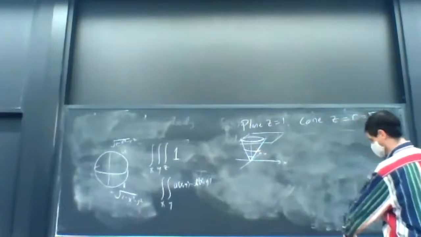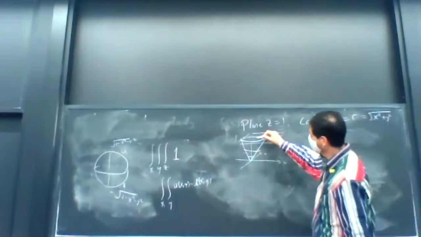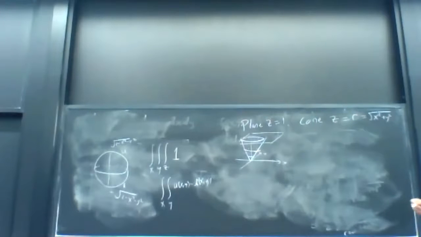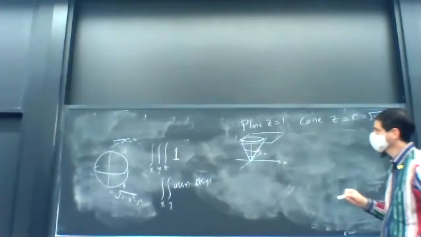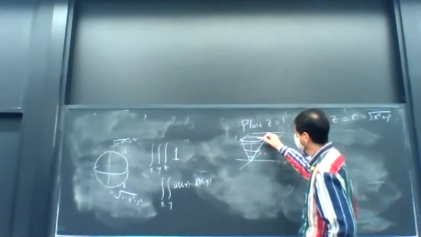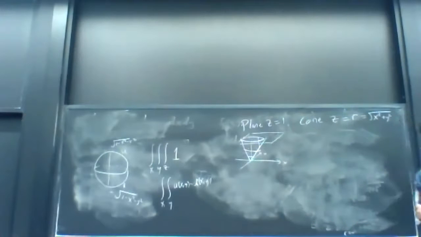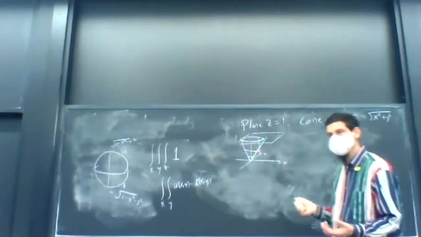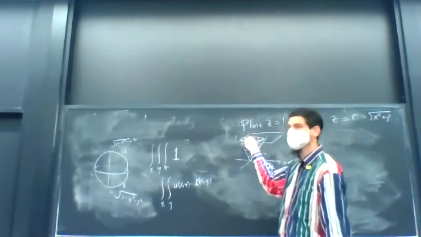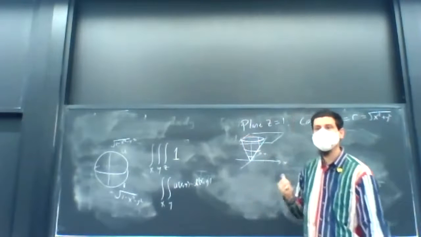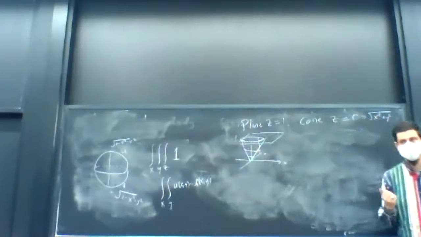So for the top one, for a point x, y over here, we want to figure out what's the range. And so it's clearly going to be 1, and we go all the way down until we hit over here. For a given value of x and y, does it matter what the angle of that point x, y is from the center line? Or does it only matter how far the point x, y is?